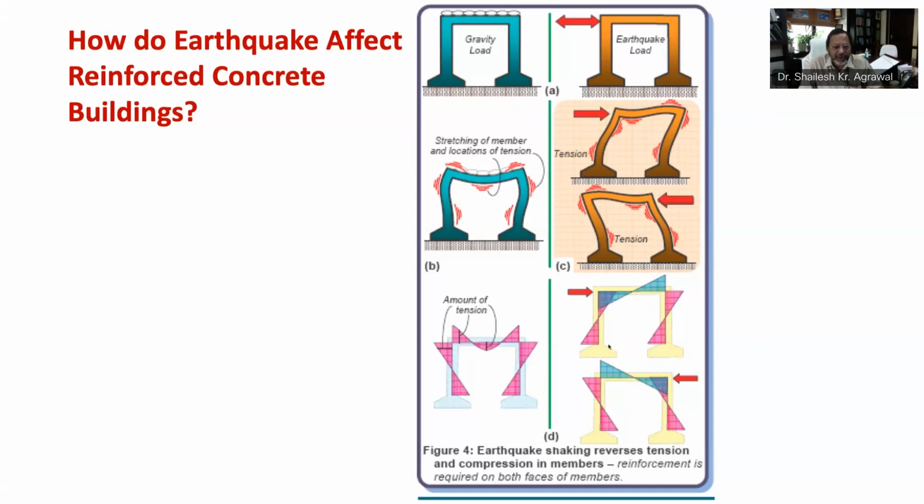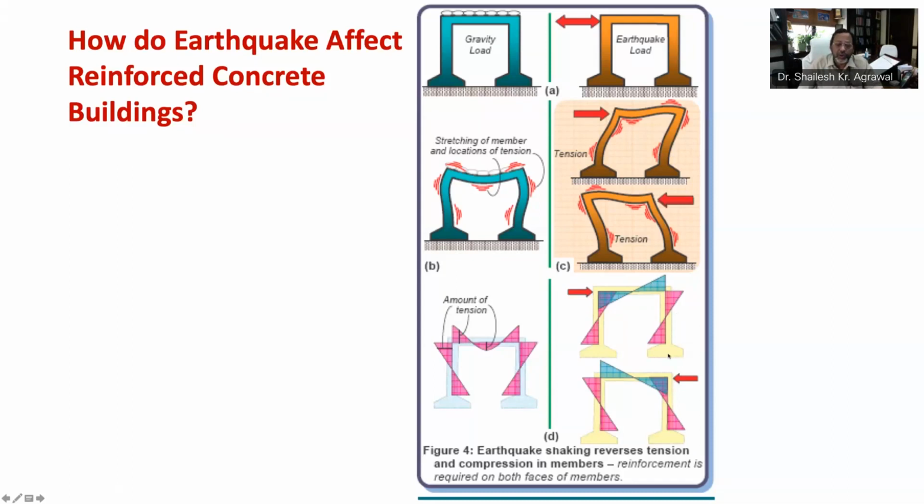Therefore, always remember, under strong earthquake shaking, the beam ends can develop tension on either of the top and bottom faces. Since concrete cannot carry this tension, steel bars are required on both faces of beams to resist reversal of this bending moment. Similarly, steel bars are required on all faces of columns too.